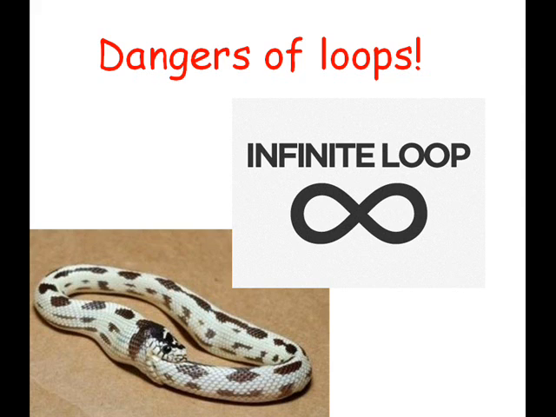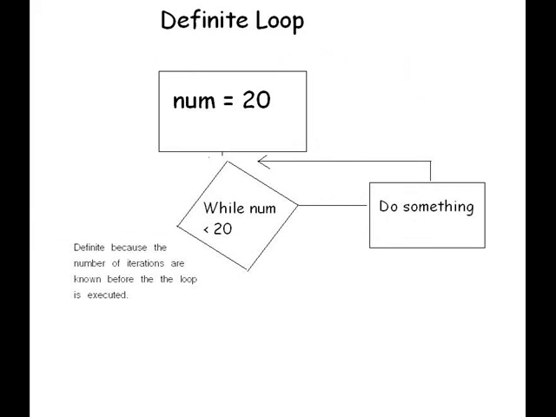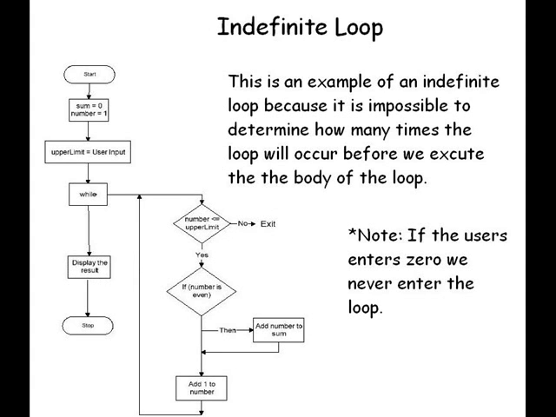First we're going to look at this definite loop, which basically just runs for a period of time until a condition changes. The difference between this and an indefinite loop is that in an indefinite loop you don't have a predetermined amount of times that the loop is going to run. Typically in the indefinite loops you see a question asking the user, do they want to continue, something like that.